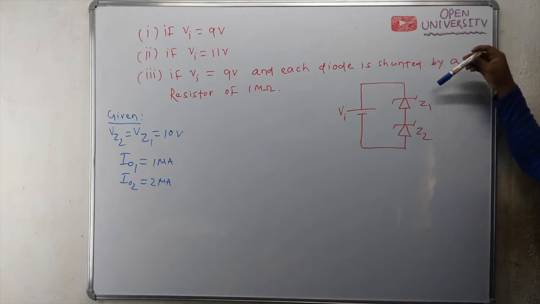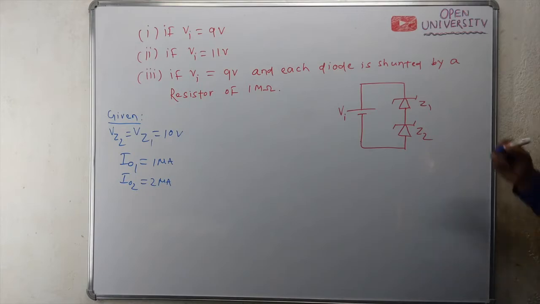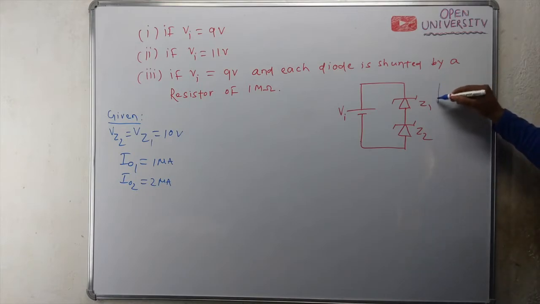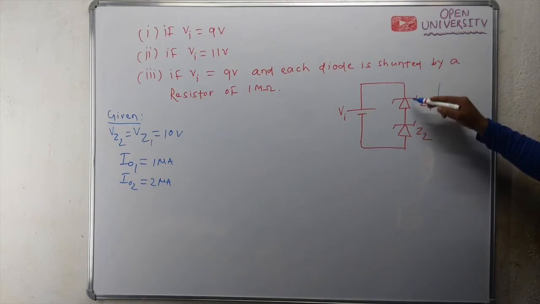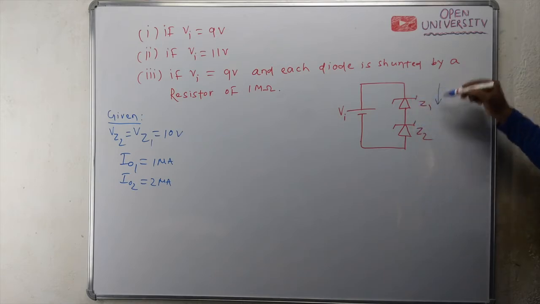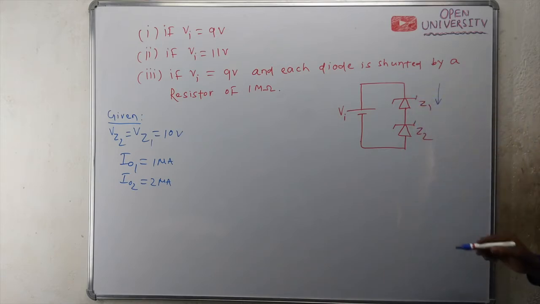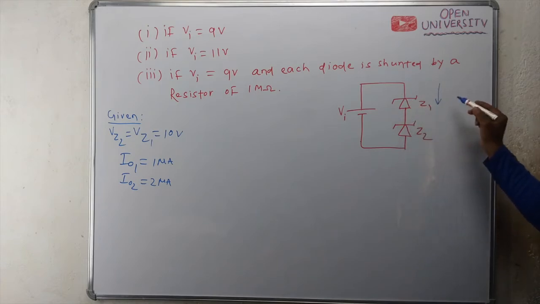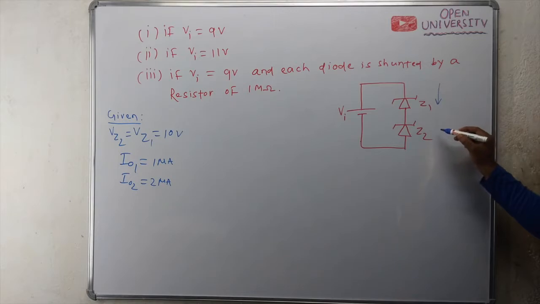Reverse saturation current means leakage current, and it flows from this side to this side. The reverse saturation current will flow in this way. For this diode I01 is 1 microampere, and for this diode I02 is 2 microampere.